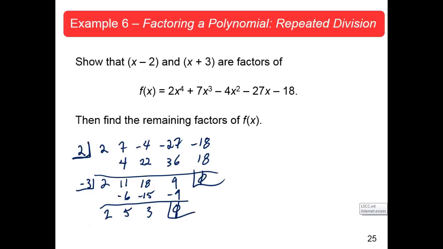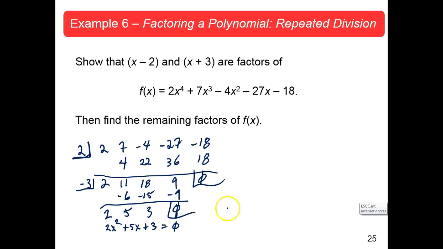So tell me what that polynomial would be. 2x squared plus 5x plus 3. And guess what you can do with that? Factor it. Why not? Set it equal to 0, because if it's going to be a 0, then the factors will be here.